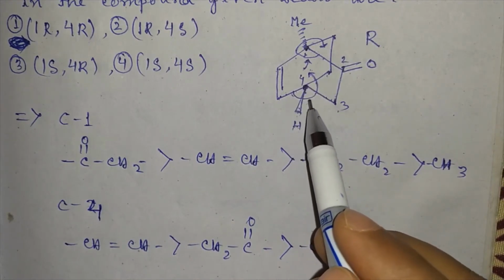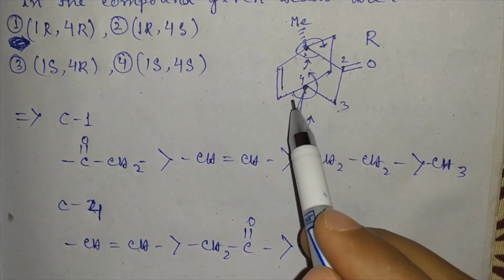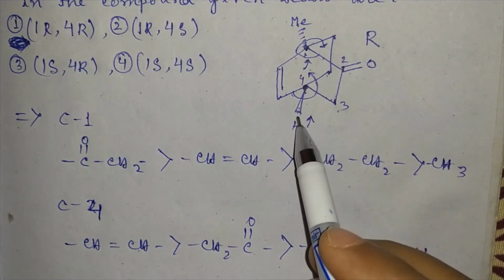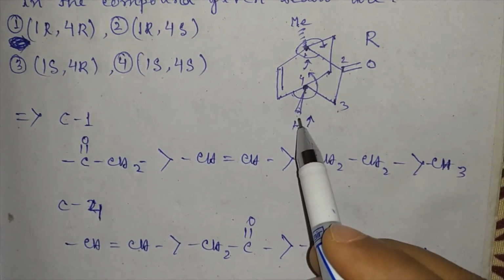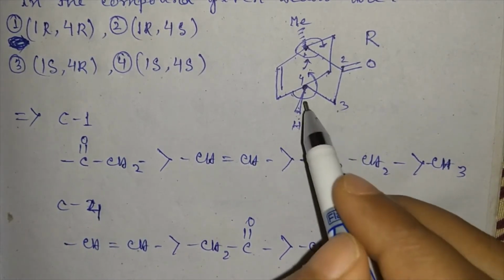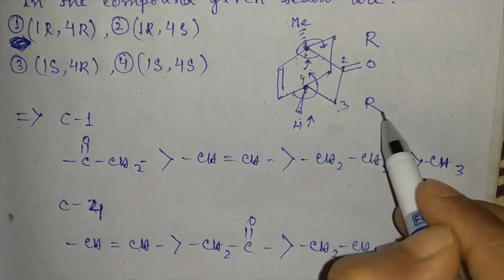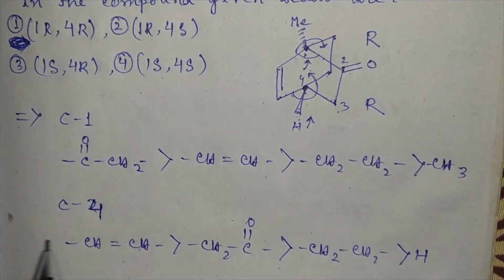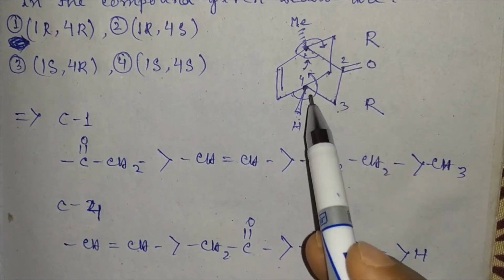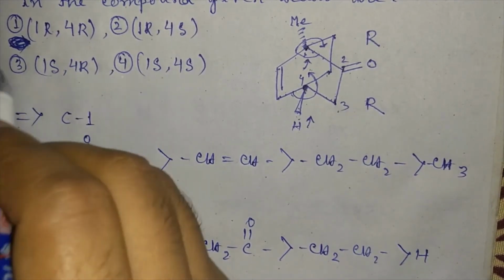So the configuration should be anti-clockwise, but as the hydrogen is above the plane, it must have the opposite configuration, that is it will have configuration R. So we have 1R, 4R. So option 1 is correct.